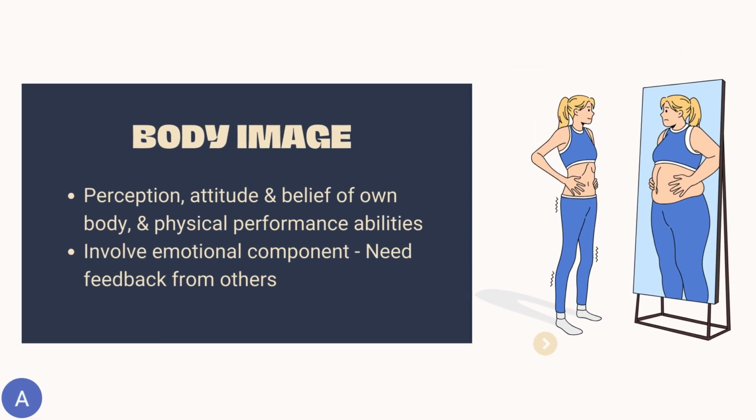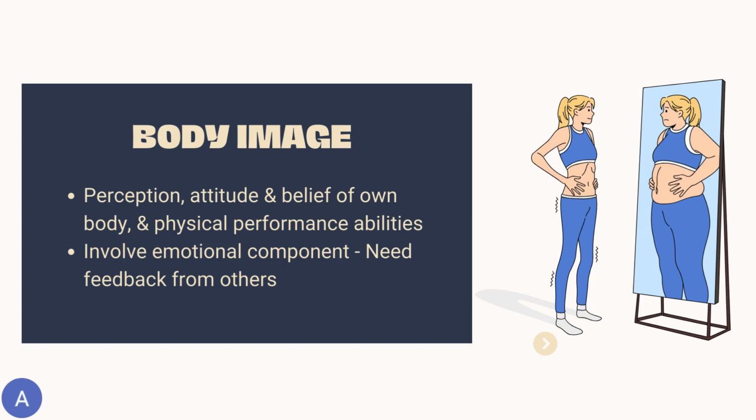Now is body image. Body image is different from body schema because body schema is usually very accurate, since you are aware of your body and how you use it with the environment. You know how much more you can go and how much you can do. Usually it comes out accurate.